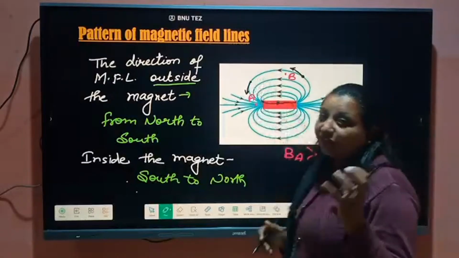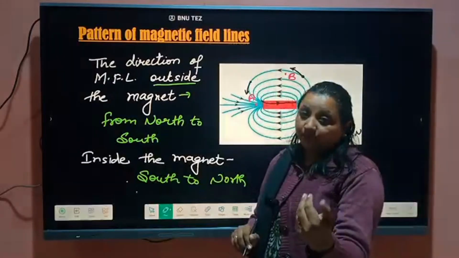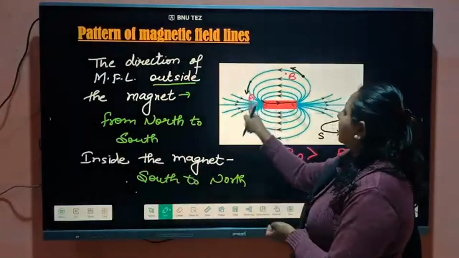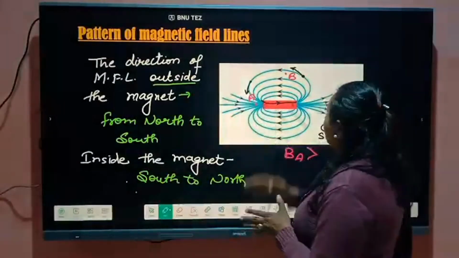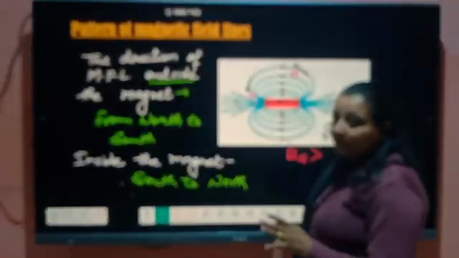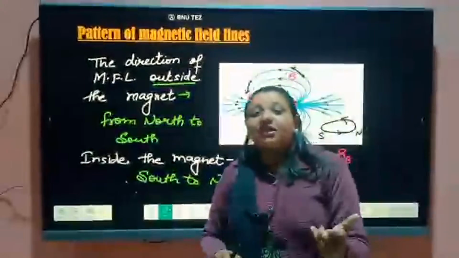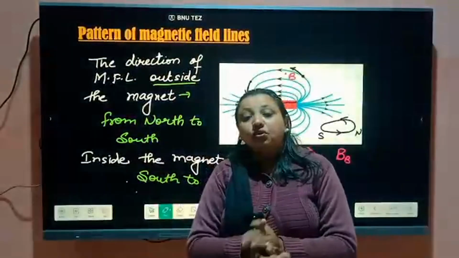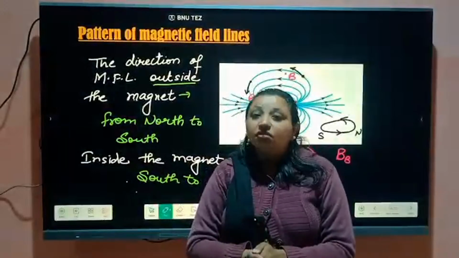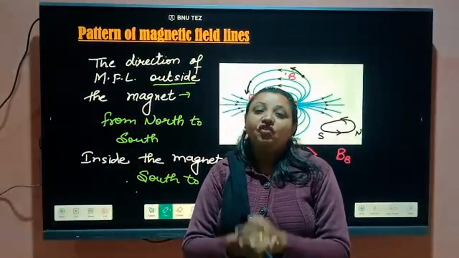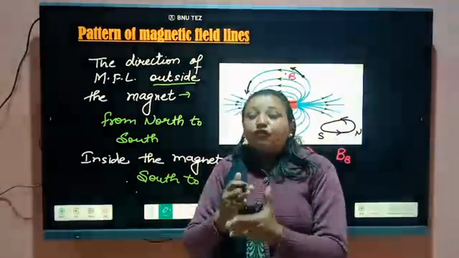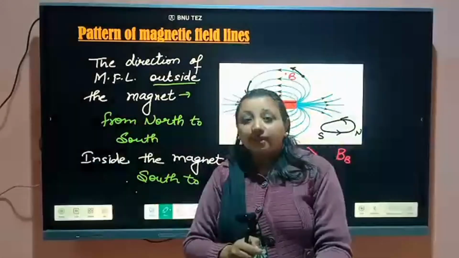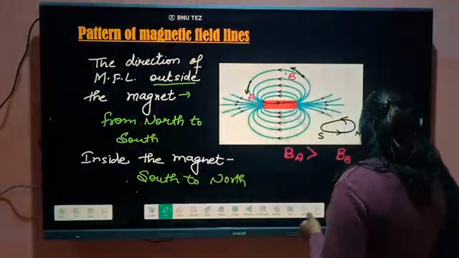And the magnetic field lines are much closer to each other near the poles. ठीक है, पोल्स के पास आप देखोगे मैग्नेटिक फील्ड लाइंस एक दूसरे के पास हैं और सेंटर में दूर हैं. तो व्हाट डज दैट मीन? इन द प्रॉपर्टी वी हैव स्टडीड कि जहां पे मैग्नेटिक फील्ड लाइंस क्लोजर टू ईच अदर होगा, पास होंगी, एट दैट पॉइंट द स्ट्रेंथ ऑफ द मैग्नेटिक फील्ड इज स्ट्रॉन्ग. मैग्नेटिक फील्ड स्ट्रॉन्गर होगा, फोर्स एक्सर्टेड बाय द मैग्नेटिक फील्ड इज ग्रेटर एट दैट पॉइंट. ठीक है.